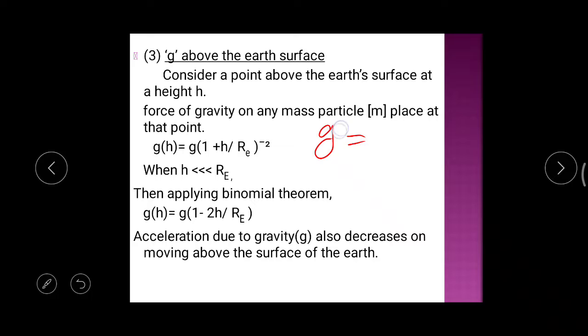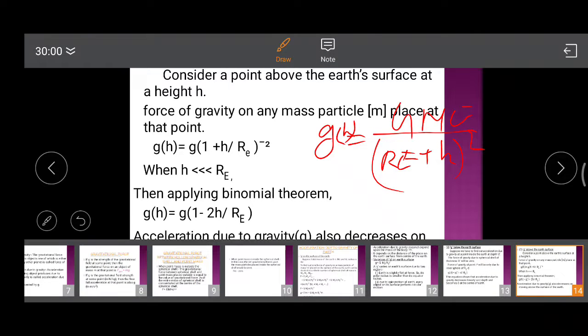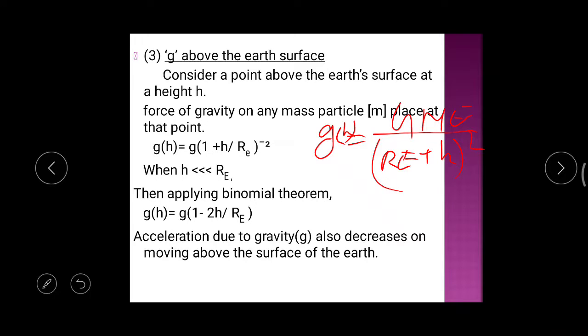Now g of h will be equal to G M_E divided by (R_E + h) the whole square. That (R_E + h) the whole square can be written as R_E square into (1 + h by R_E) the whole square.